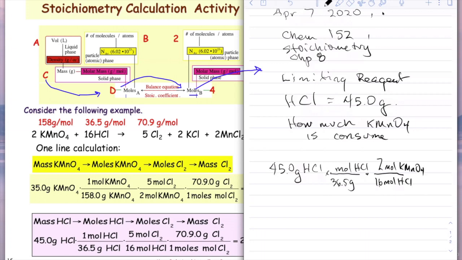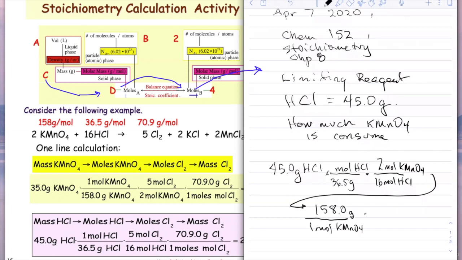I found it right here in the balanced equation, 16 to 2. And then, continuing my calculation, I'm going to convert moles of potassium permanganate to mass of potassium permanganate. For every 1 mole of potassium permanganate, according to my molar mass, I've got 158 grams.